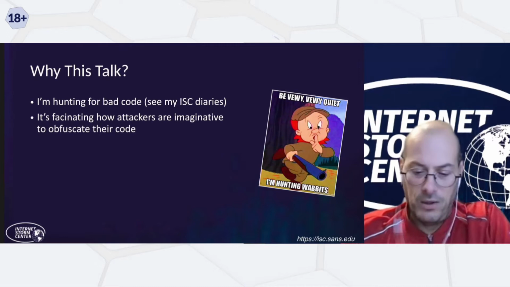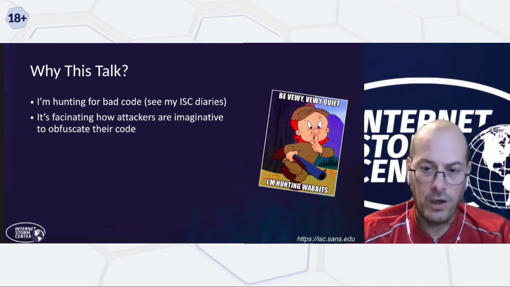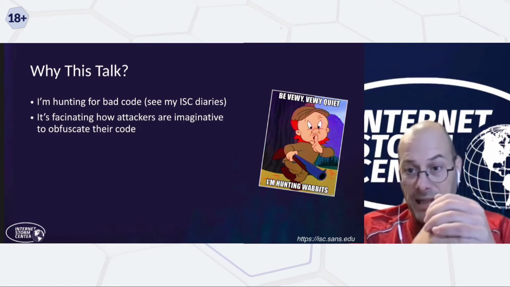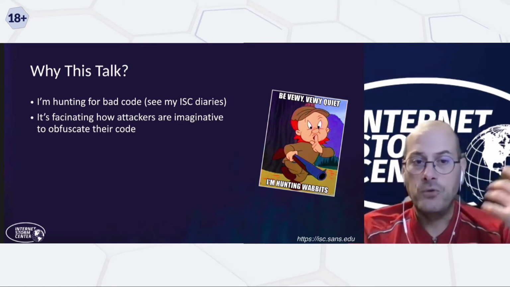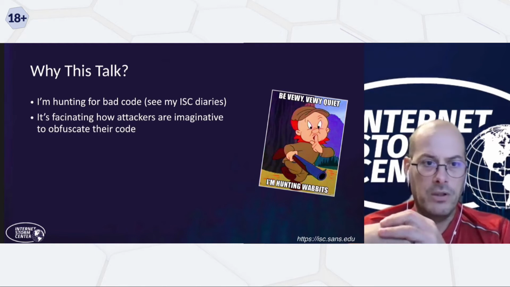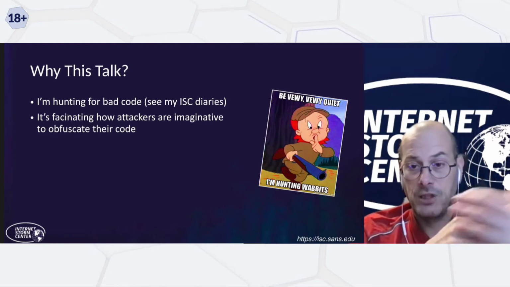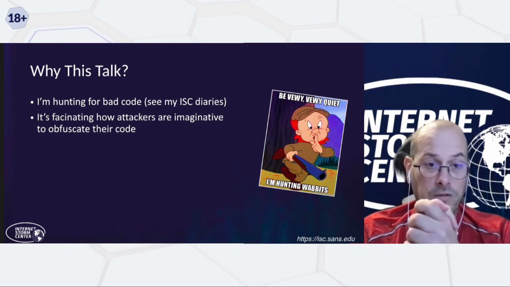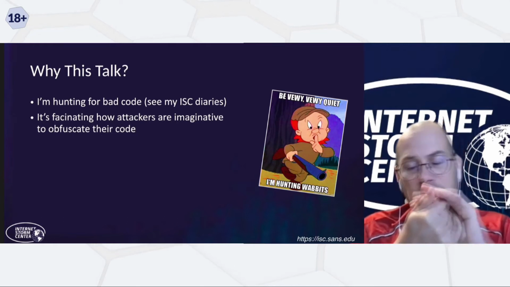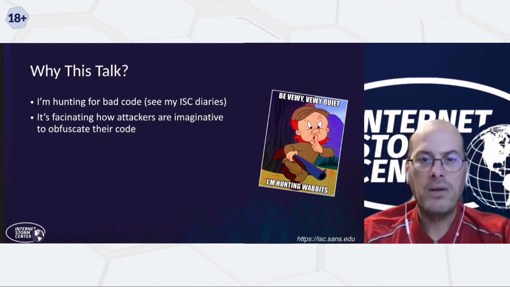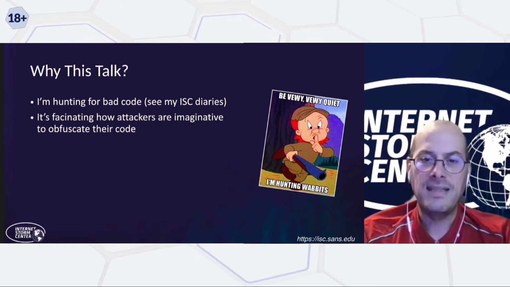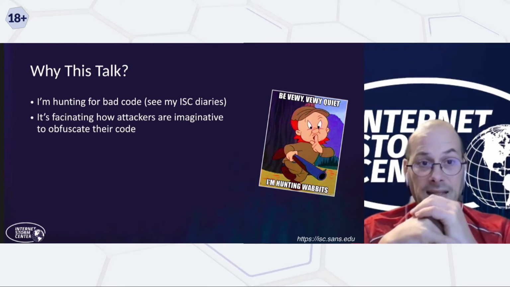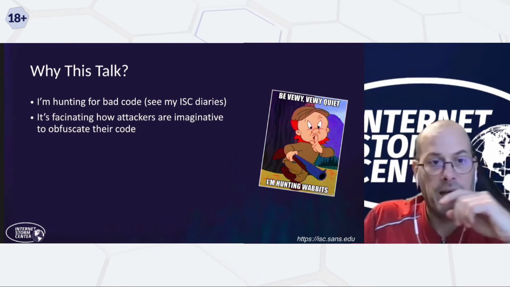When a malware developer writes a new piece of malware, the idea is to obfuscate the code as much as possible to make life more difficult for security analysts, malware hunters, and so on. And it's really crazy how those people can have new ideas and implement new ways to obfuscate the script. I really like this. So that's basically the idea of my talk.